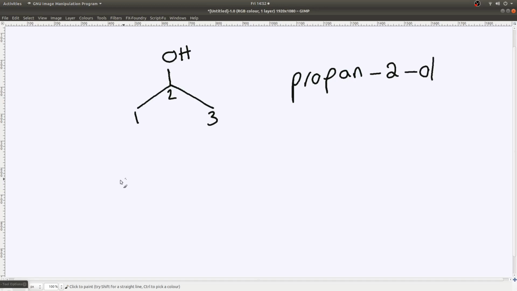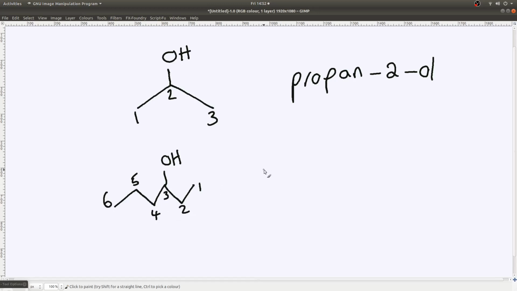What about if we had more carbons in our alcohol? So we could have this molecule. How are we going to name that? Well, again, number the carbon chain. Number it from the side that's going to put the alcohol group onto the lowest numbered carbon. 1, 2, 3, 4, 5, 6.